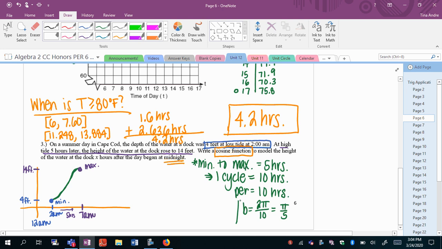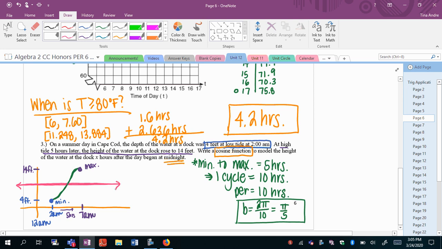So I have that. Now, if I think about my midline and amplitude, well, midline is going to be halfway between the max and the min. So the midline would have to be halfway between 4 and 14. Well, there's a difference of 10. So it would be 5 units from either. So that tells me the amplitude right there as well. So I kind of did that in my head, which I think is probably fine with you to just do that.